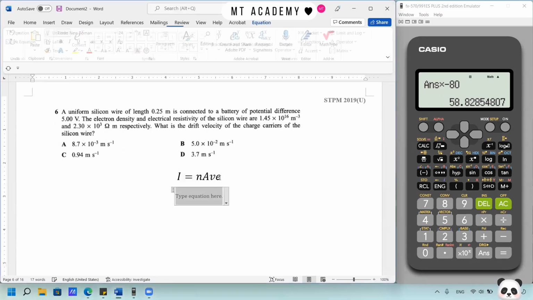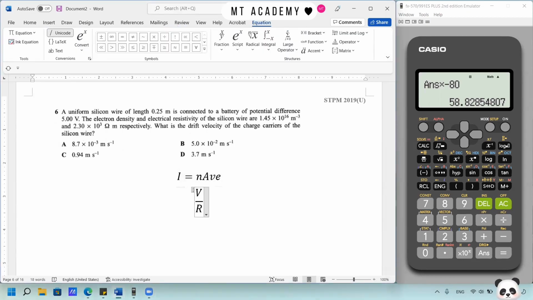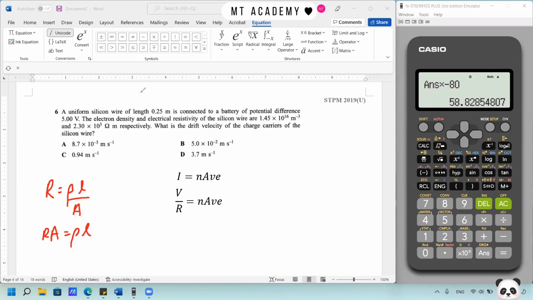So we have I is V over R equal to nAve. And for the resistance, we have the resistance is equal to resistivity multiplied by the length over the area. So we can get the expression RA is equal to rho L. So we're going to further derive.